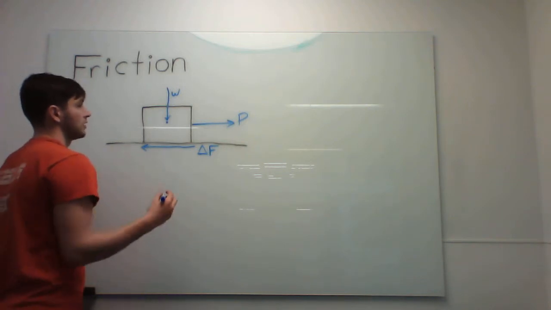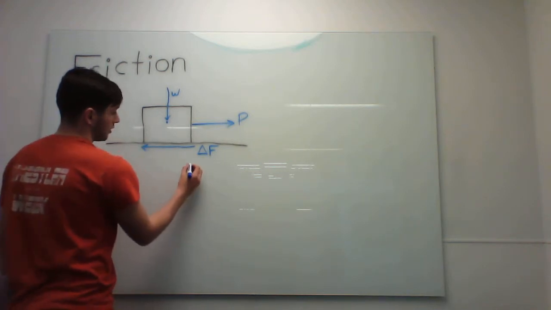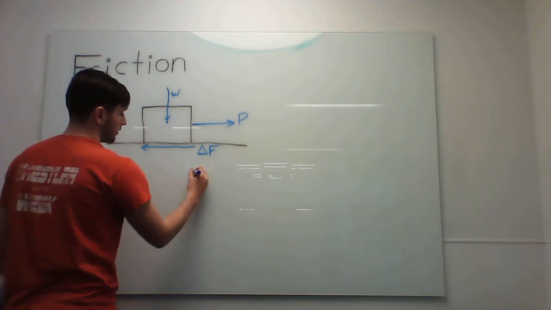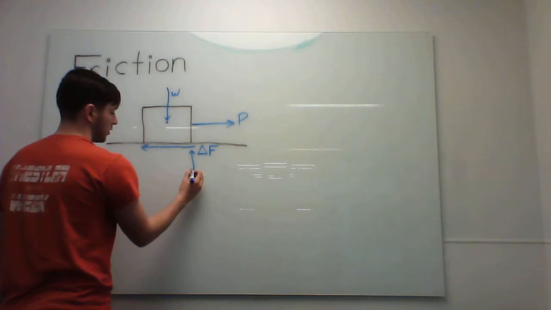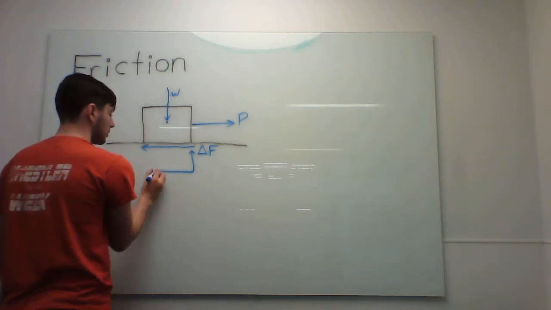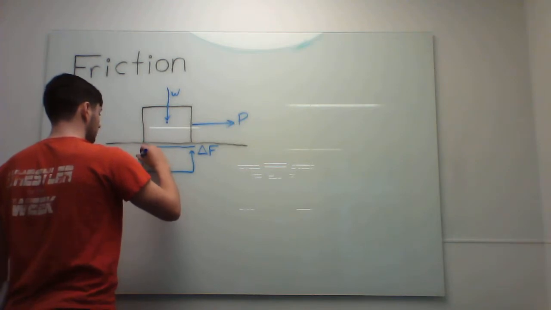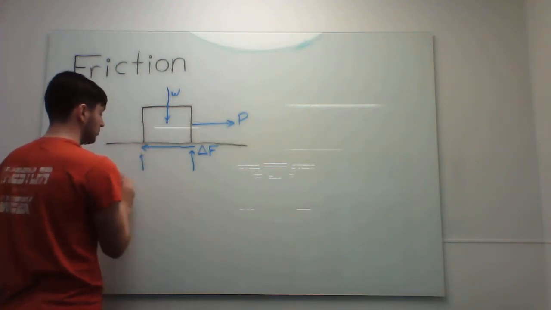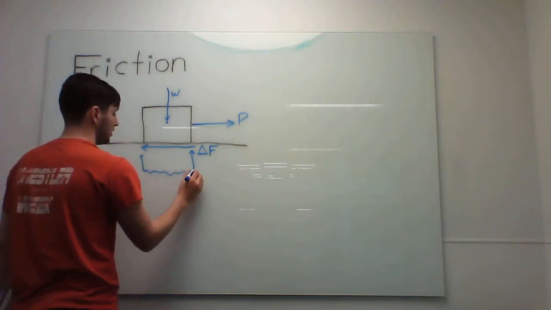And along with this, there's also going to be this force called the normal force, that is going to be kind of the same idea as what I just described in this frictional force. It's going to be kind of a distributed load. Let me show it like this. It's going to be a distributed load because this surface is going to be uneven.